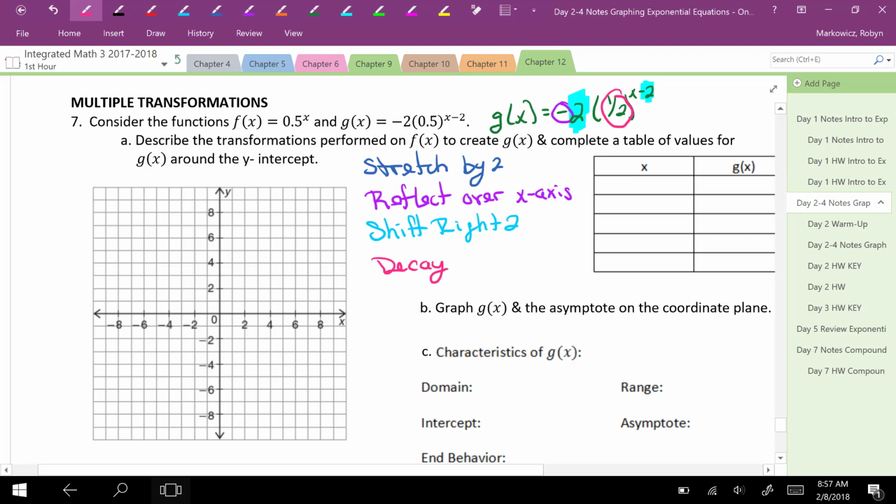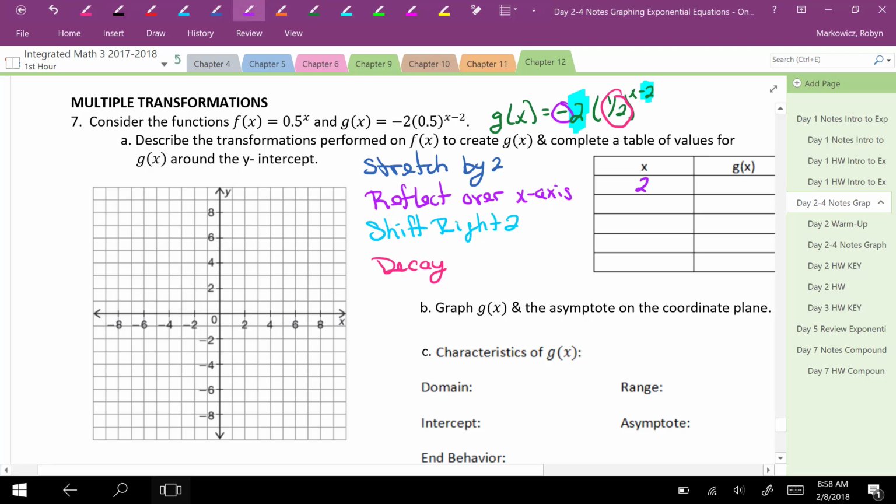Okay, so hold on. Don't tell me what number you want to plug in for x. Tell me what number you would like as your exponent. You would like to have 1/2 to what power? 0. Okay, so what number minus 2 would give you 0? 2. All right, so let's plug that in.